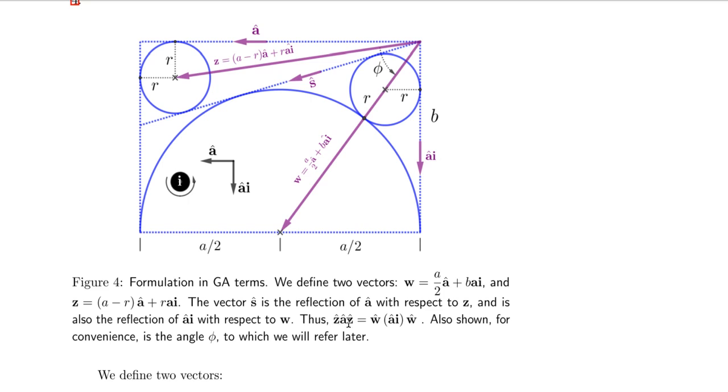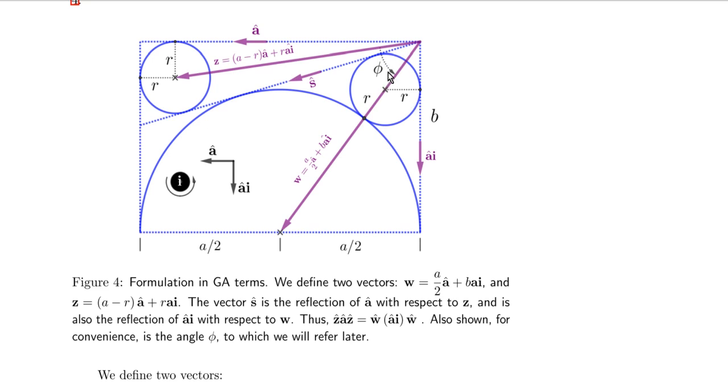This Ẑ, Â, Ẑ is the reflection of Â with respect to Z, which gives Ŝ. But Ŝ is also the reflection of Â I with respect to W, so S is also Ŵ, Â I, Ŵ. So that is our reflection equation. Both sides here are equal to Ŝ.